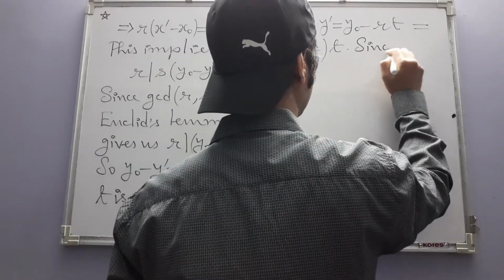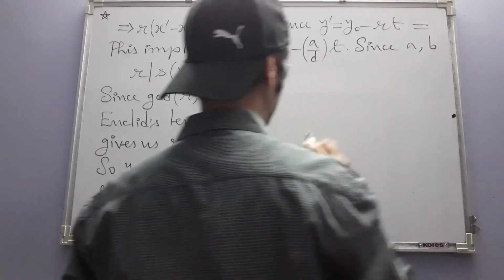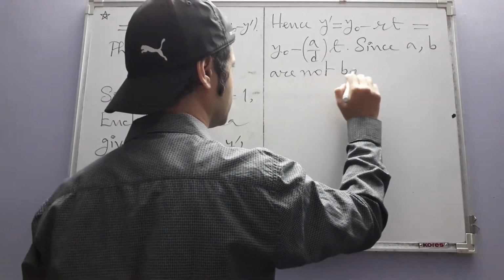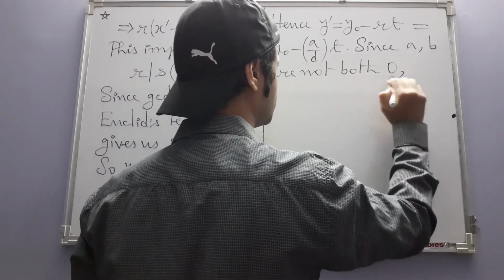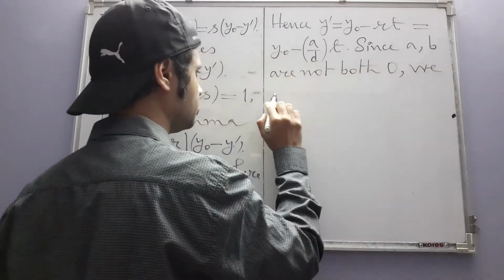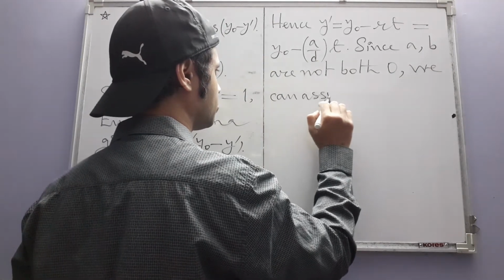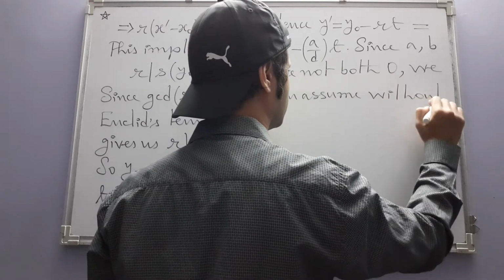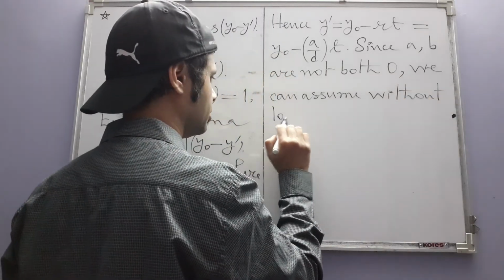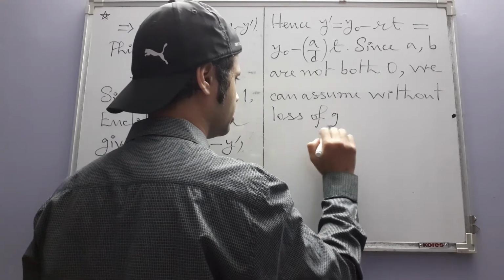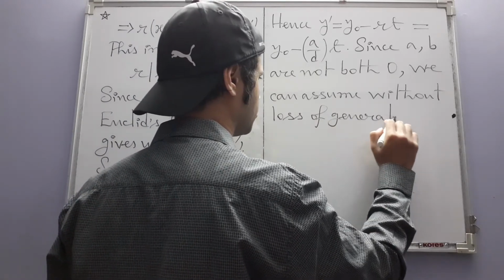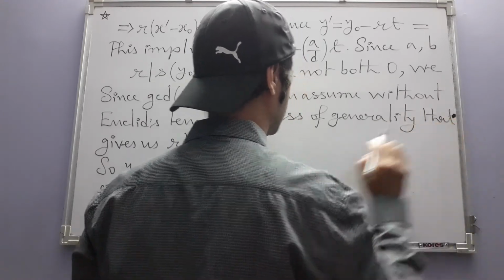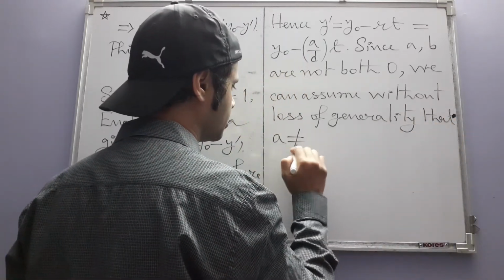Since a, b are not both 0, we can assume without loss of generality that a is not equal to 0.